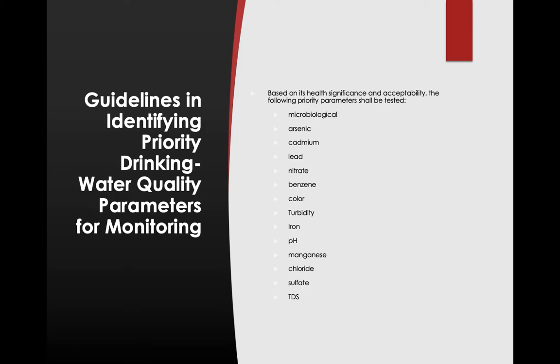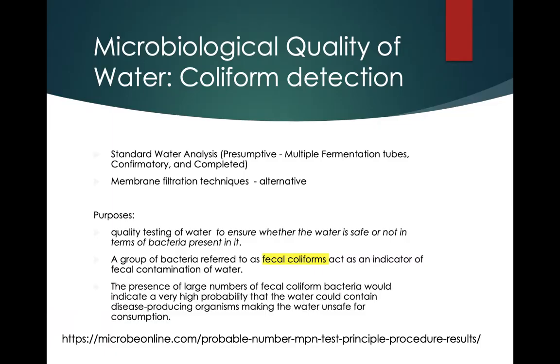And usually, the measurement of the secondary parameters is not done all throughout the water concessionaires, the water districts. Kasi yung secondary, ano lang siya, supplemental information. So, the LGU may or may not include it for water quality analysis. Okay?